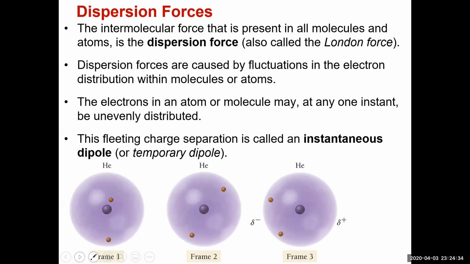First, let's discuss the dispersion force. As we mentioned before, this intermolecular force is going to be present in all molecules and atoms. It's also sometimes referred to as the London force. These dispersion forces are caused by the fluctuations in the electron distribution within molecules or atoms. So at any one instant, the electrons in an atom or a molecule may be unevenly distributed.